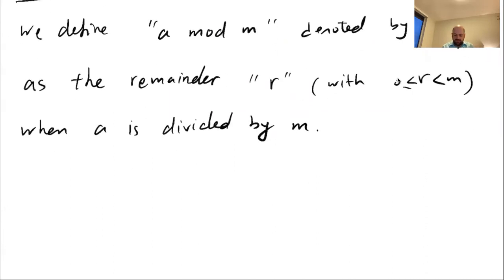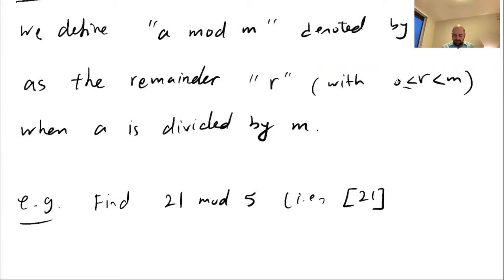Okay, so for example, let's say you want to find 21 mod or modulo 5, i.e. class of 21 mod 5. So this is just a notation or just a name.